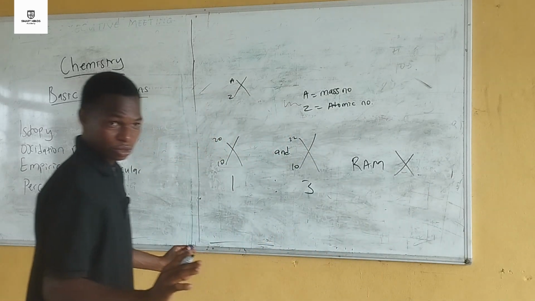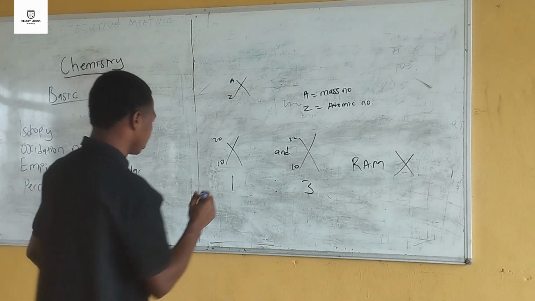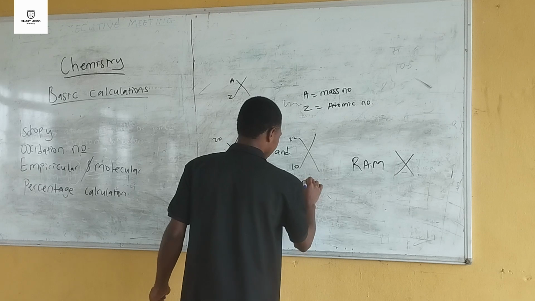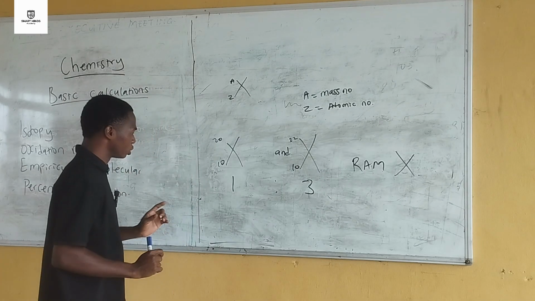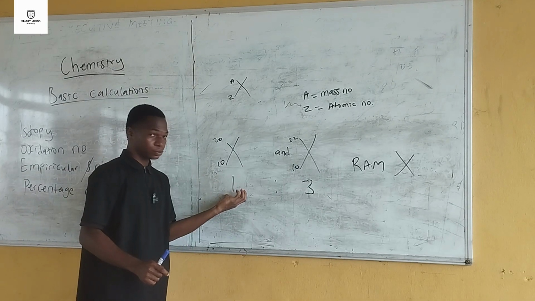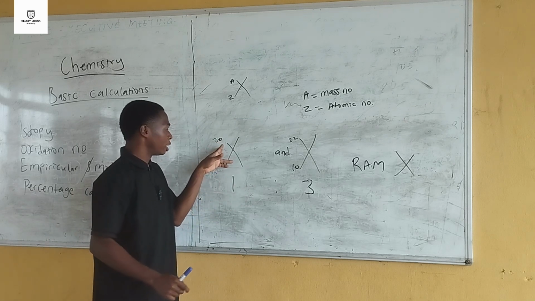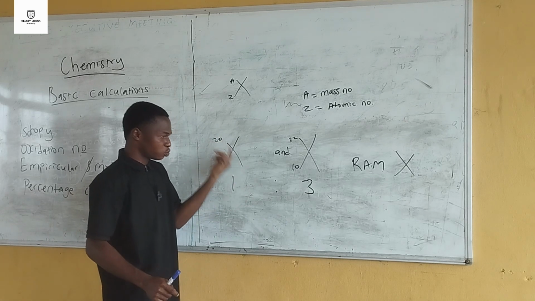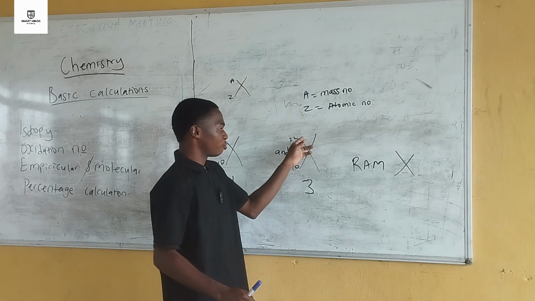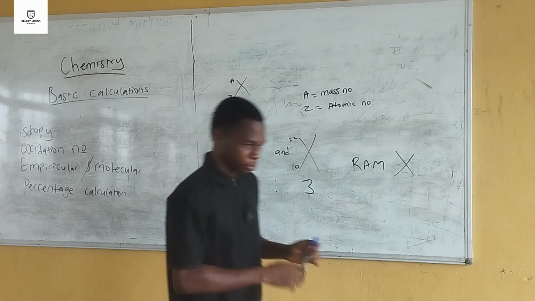Very simple, but just take down the notes first. Now, first thing you should know is this one belongs to element X of mass 20. It belongs to element X of mass what? 22.